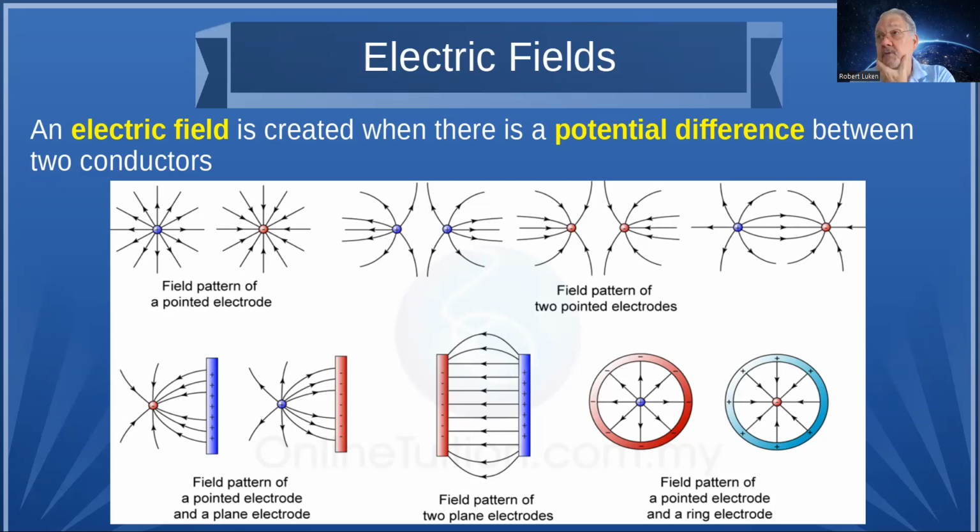They used to demonstrate this with a little thing called an electroscope, which was a little glass jar that had a rod with a couple pieces of gold leaf on it.